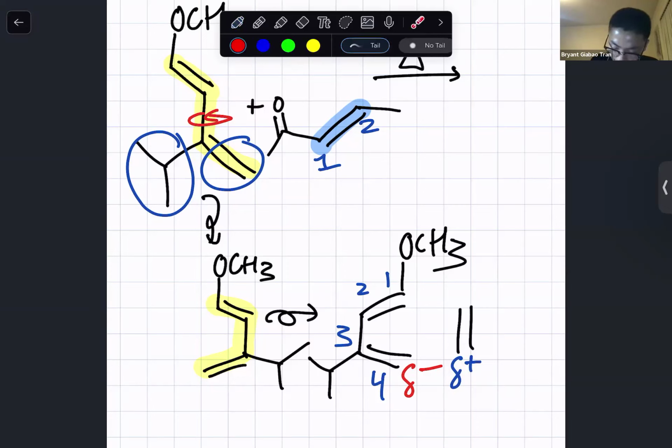If we look at the resonance structure, let's say we move this double bond here because it's on an EWG, that pushes this double bond onto the oxygen. Since this carbon is losing a bond, that carbon is having the positive charge right there. So our partial positive charge is going to be on carbon 2. Does that make sense?